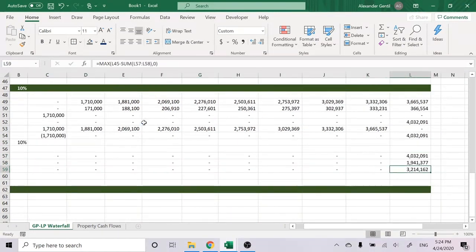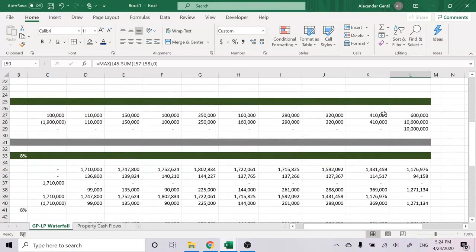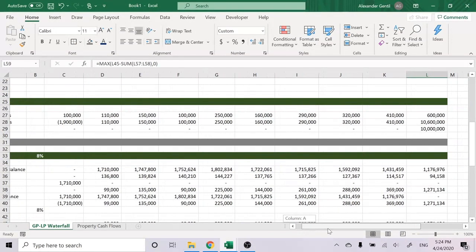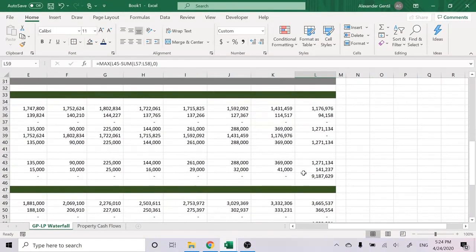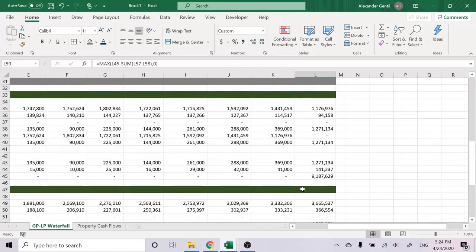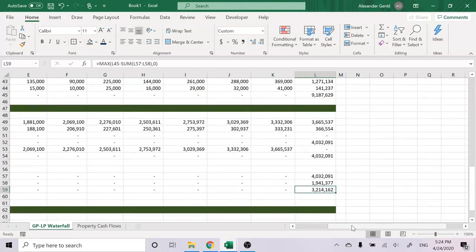Okay, so after the second hurdle, we have 3 million cash remaining. So this is interesting to look at. We had in the first round 9 million cash remaining, the second round 3 million cash remaining. So the sale is really important to the cash flow that remains.